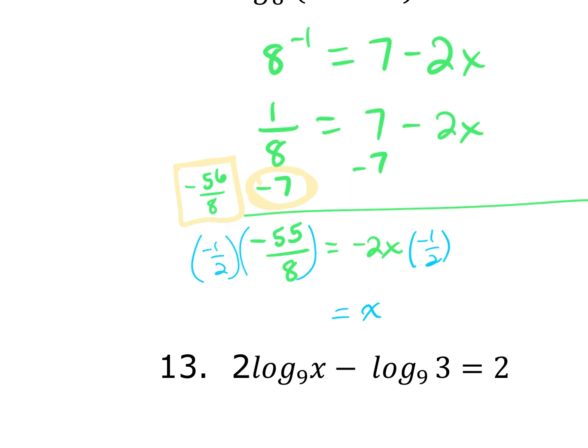Do you cut the portion in half, or does it go bigger? It's a fraction, so we're just multiplying. So negative times negative, positive 55 over 16. There you go, 55 over 16. And if you want to convert it to decimal, that's about 3.4375.